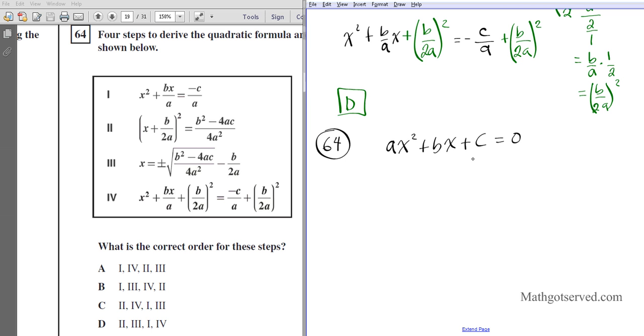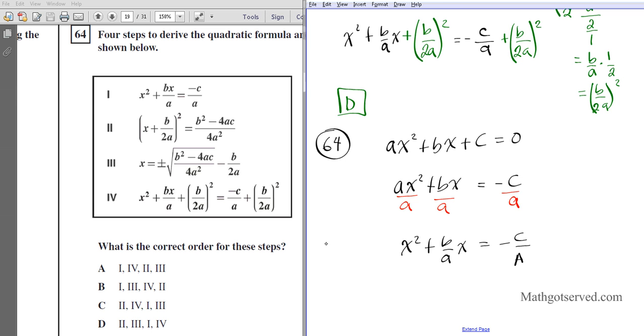So if you subtract c from both sides, you're going to have ax squared plus bx equals negative c. And then I want to get rid of this a here, so I divide everything by a.